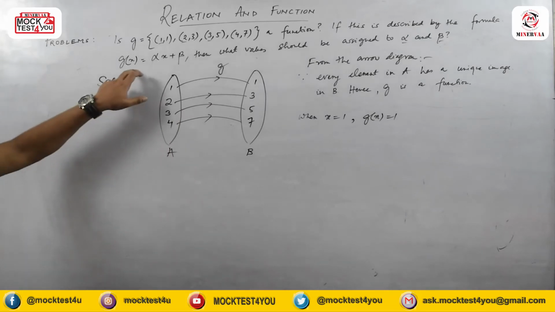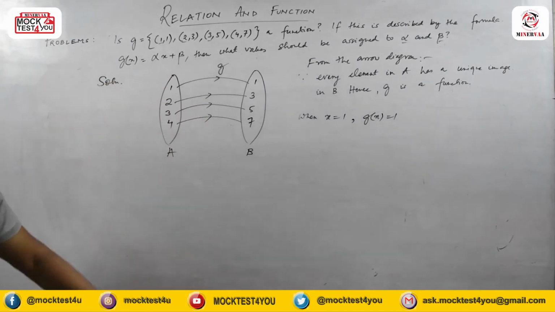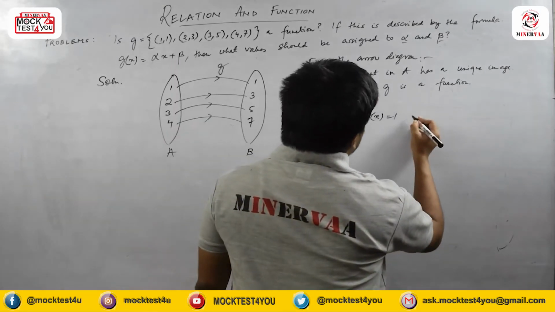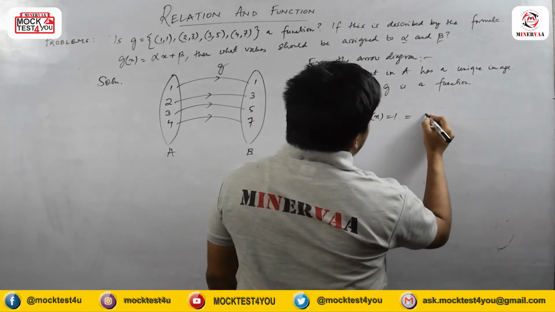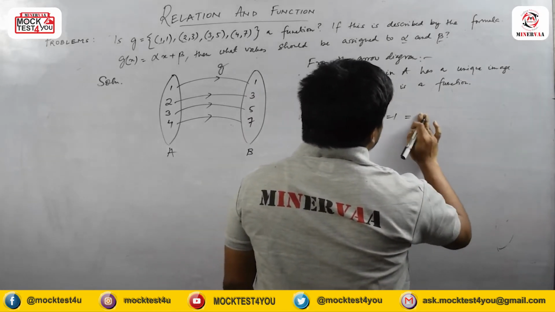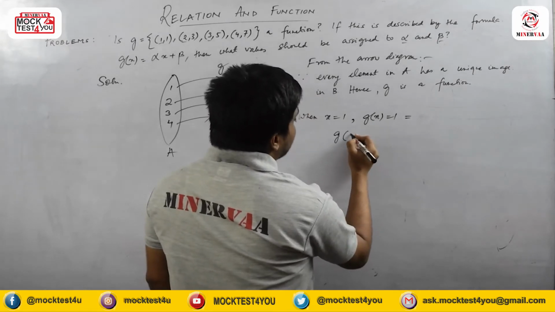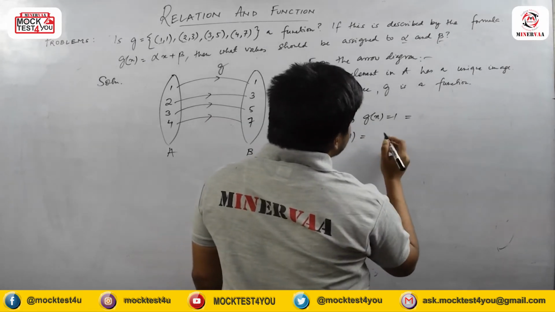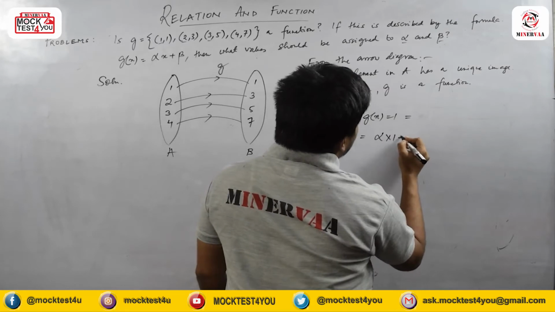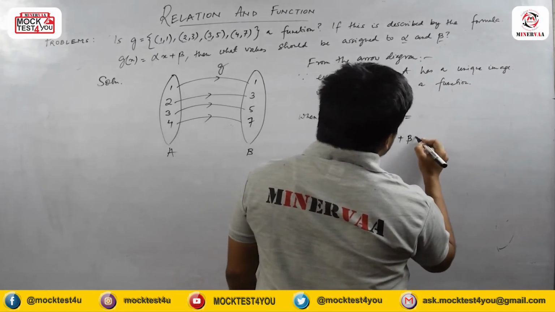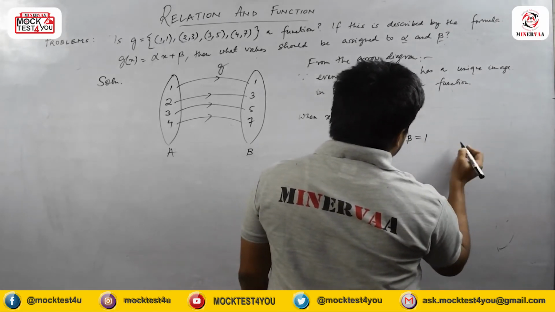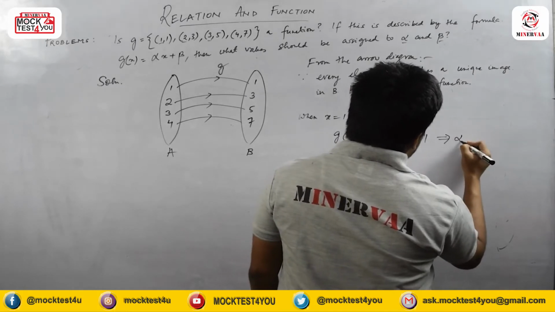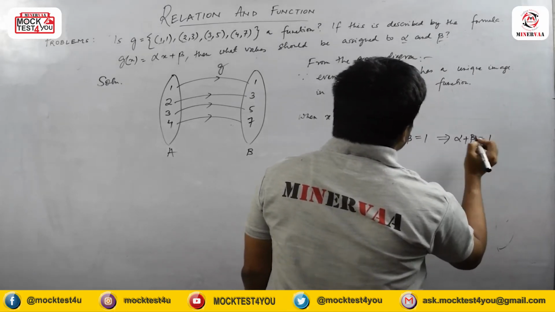And here g(x) is defined by alpha x plus beta. So g(1) is equal to alpha into 1 plus beta, and I will write this as equal to 1. So this implies alpha plus beta is equal to 1.